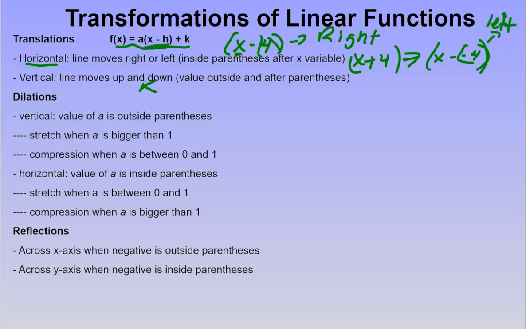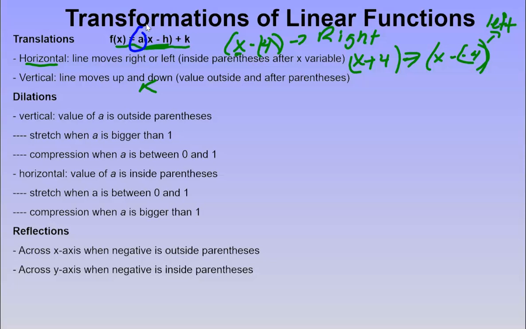Dilations is referring to our a in the formula. So our a is located here. It could be on the inside of the parentheses or it can be on the outside of the parentheses. If it's on the outside of the parentheses, we would call that a vertical dilation. And a vertical dilation could be described as being a vertical stretch or a vertical compression.